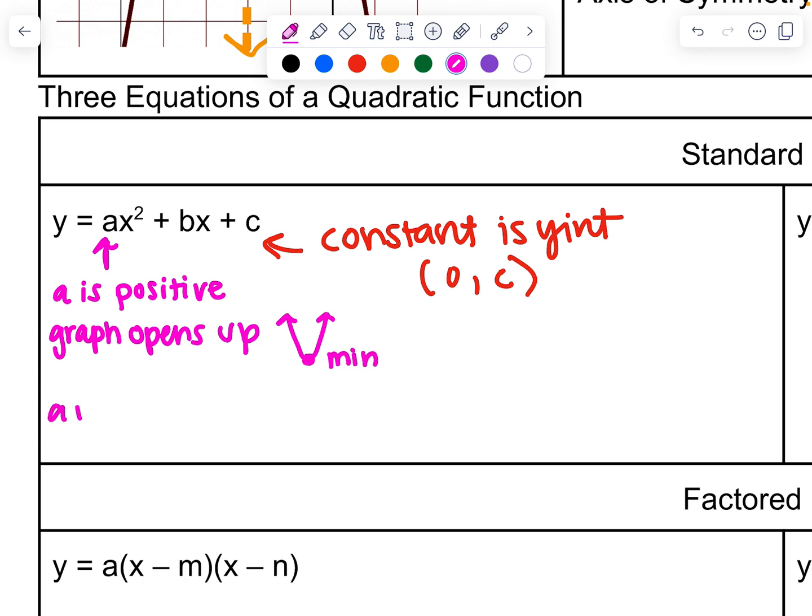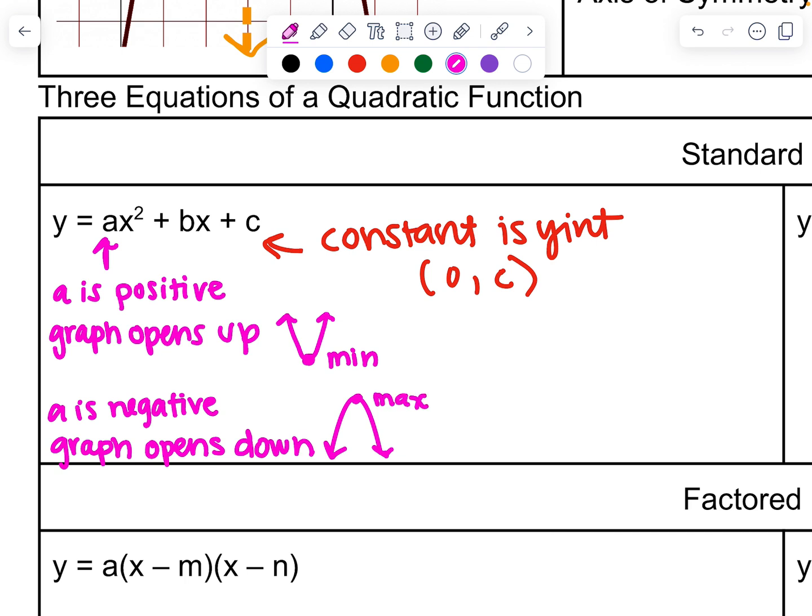If a is negative, so any negative number, we know that our parabola is going to open down, which means it looks a little something like this, and it has a maximum for its vertex. So that min or max is its vertex. That tells you something about your vertex.